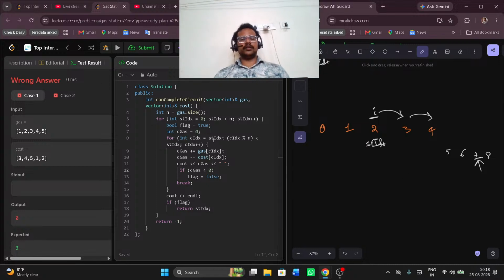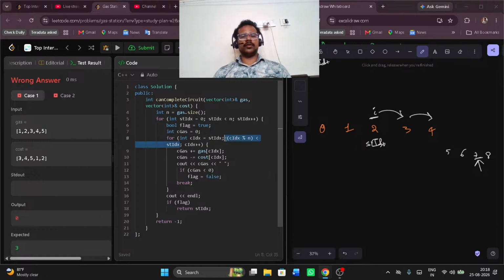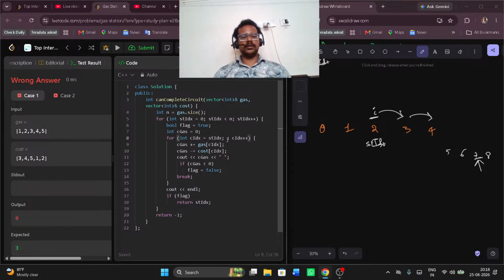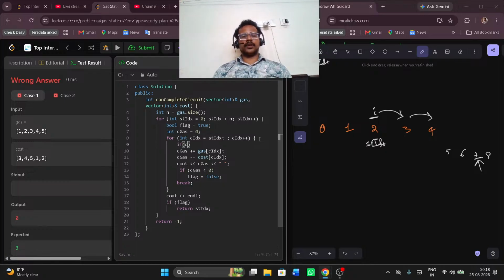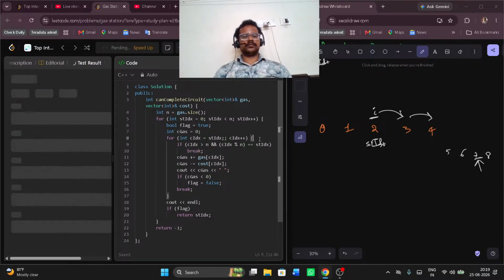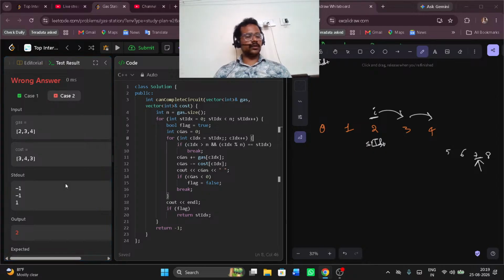Let's call the current index start index, and if current index is greater than n and current index mod n is equal to starting index, then just break. That's it, right? I think it will work.